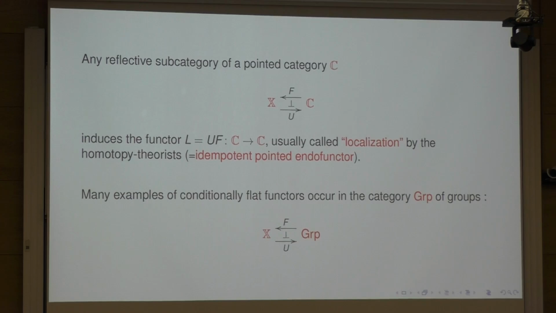And among the many examples they give of conditionally flat functors, many occur in the category of groups, the group varieties. So any subvariety of the variety of groups will give an example of a conditionally flat functor. And we wanted to understand why this is the case and why in other semi-abelian categories they are more rare than in the variety of groups.